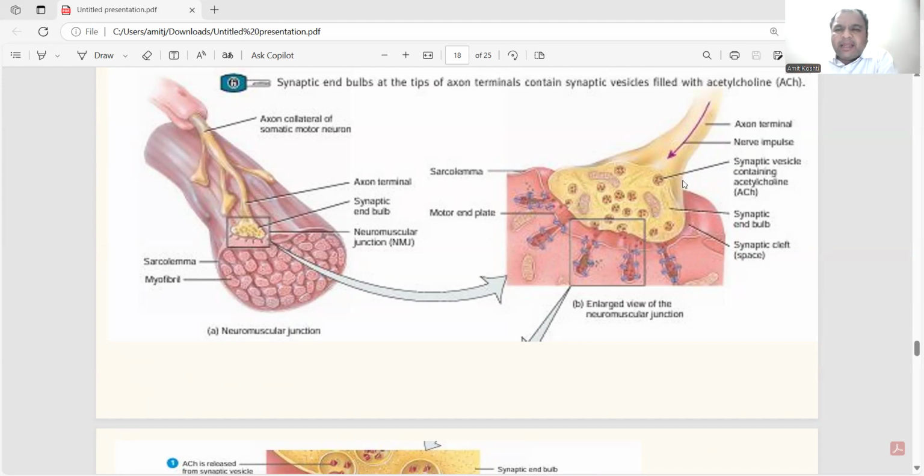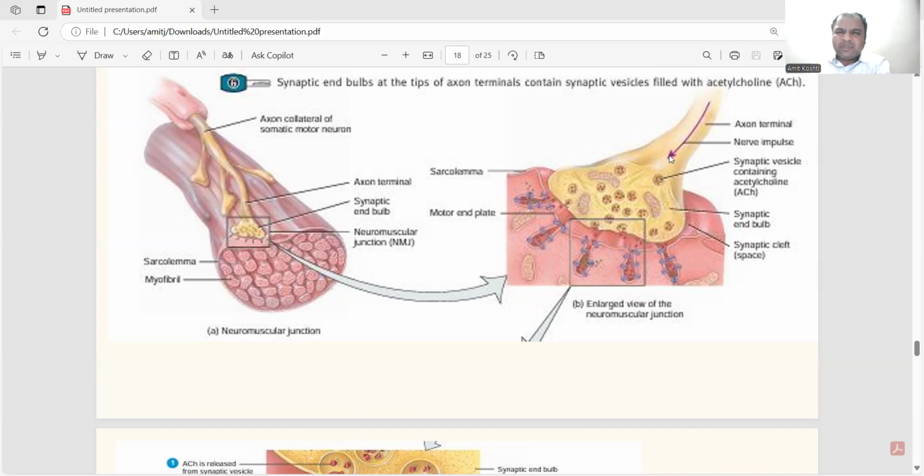And in these synaptic end bulbs, many chemical filled vesicles are enclosed, and this chemical is acetylcholine in this case. So this acetylcholine is the neurotransmitter. Many such neurotransmitter filled vesicles are there in the synaptic end bulb.